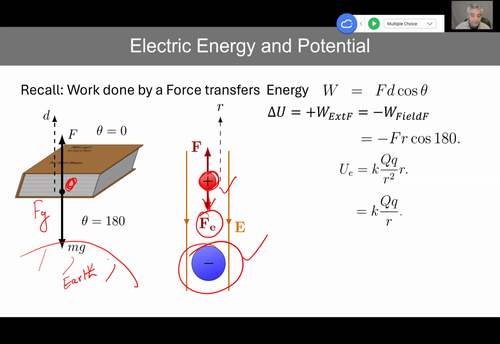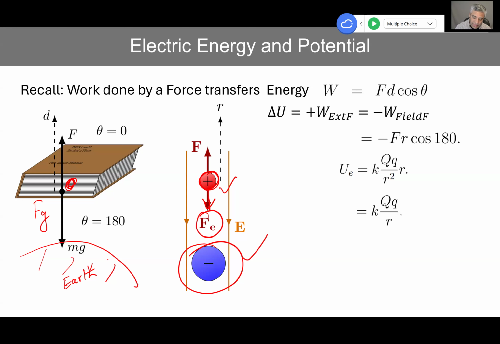So similar idea. Nothing new. Only that this field is now created by charge, not by mass. That's the only difference. Otherwise, it's the same idea.